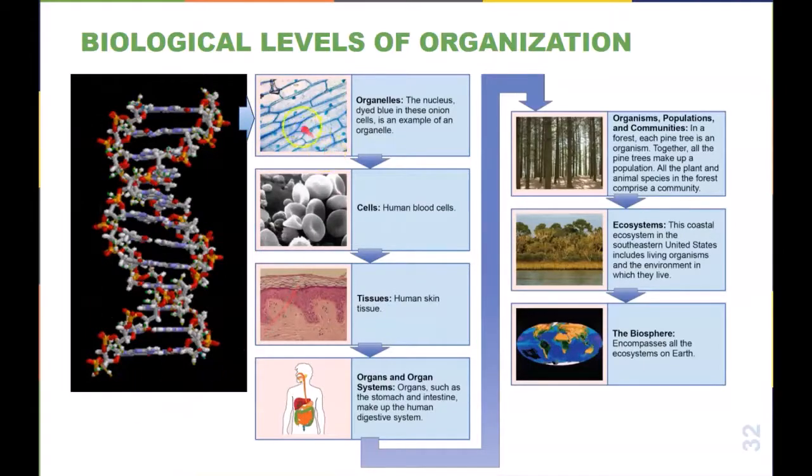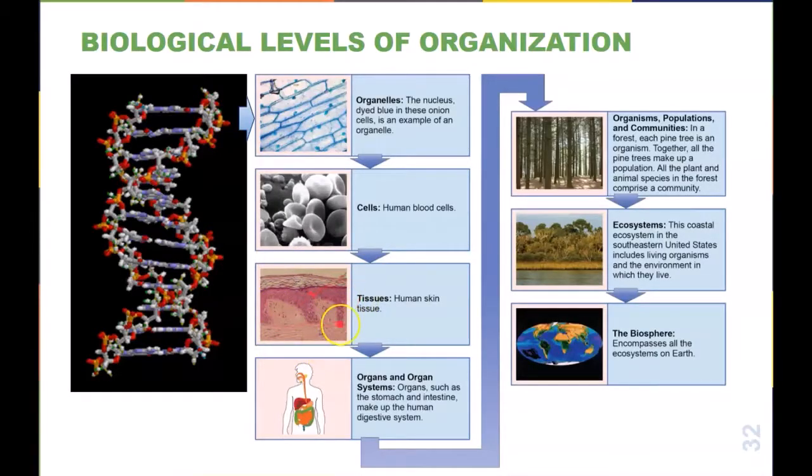Next is organelle. So each of those little dots inside is the nucleus, so that's an organelle of a cell. Next is cells, then tissues. So human skin is a tissue, so this is a tissue. The purpley pink part, that's a different tissue, and then the light pink part is a different tissue.